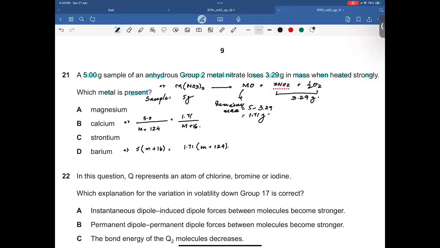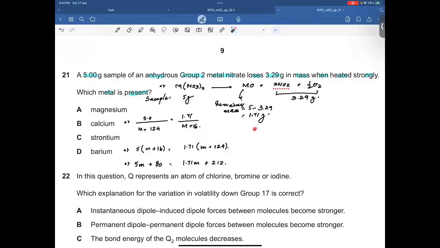So 5M plus 80 equals 1.71M plus 212, right? 1.71 into 124 is going to be this one.